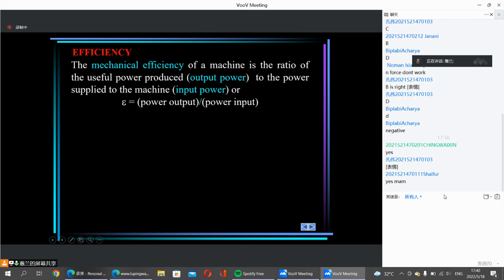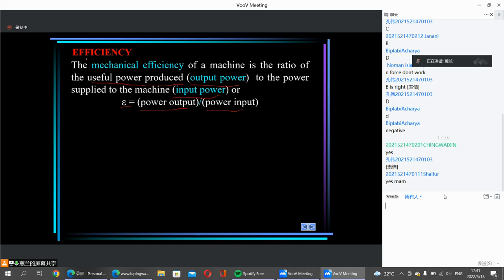Okay, so after we know the power, we should know the efficiency, because sometimes not all the input power is used. So the mechanical efficiency of a machine is the ratio of the useful power produced, output power, to the power supplied to the machine, input power. The efficiency is equal to power output divided by power input.